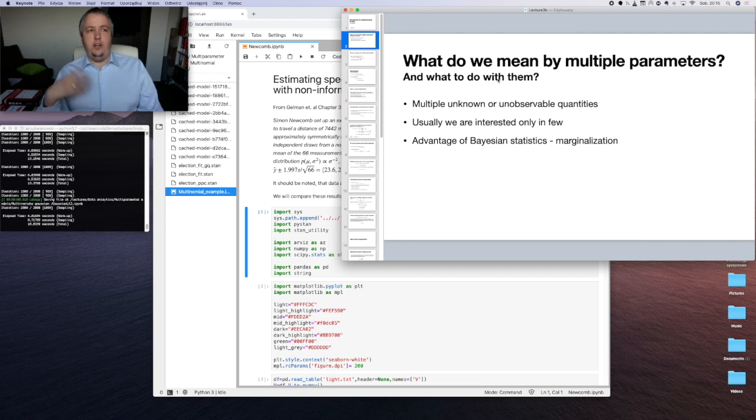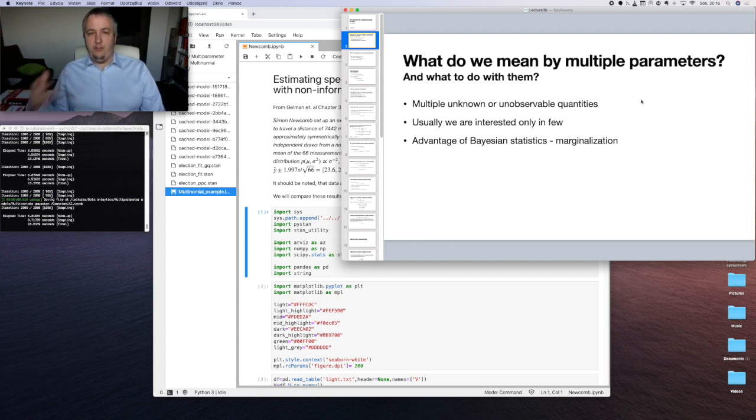However, in many cases we are mostly interested in only a few parameters, because that happens when our model is complicated and we want to find out certain quantities of interest. For example, in COVID-19 modeling, we might be interested in the prediction of new infections. We maybe are not that interested in particular parameters regarding transmissions, at least not for current purposes, but we would like to get those parameters that we're interested in.